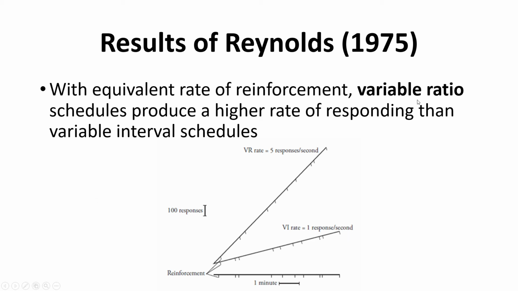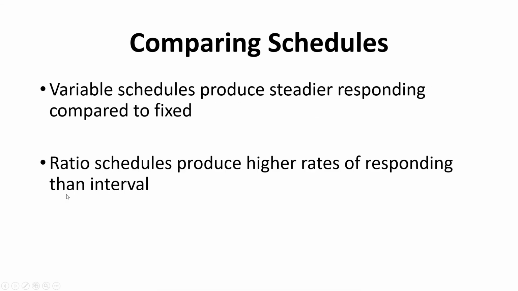So that variable ratio schedule will produce a much higher rate of responding than a variable interval schedule when everything else is kept consistent. So when we control our rate of reinforcement, we still see a much higher rate of responding for VR schedules than for VI schedules, which is really cool.